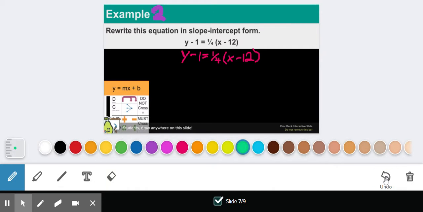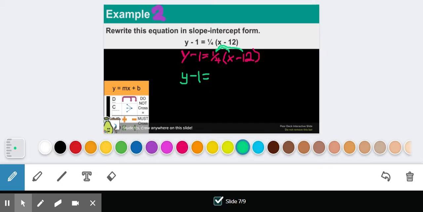We will eventually. So the first thing I can do, though, is I can distribute. Remember that 1/4 outside of the parentheses means multiplication. So I can distribute my 1/4 to the x and the negative 12. I know that I'm still going to have y minus 1 equals.